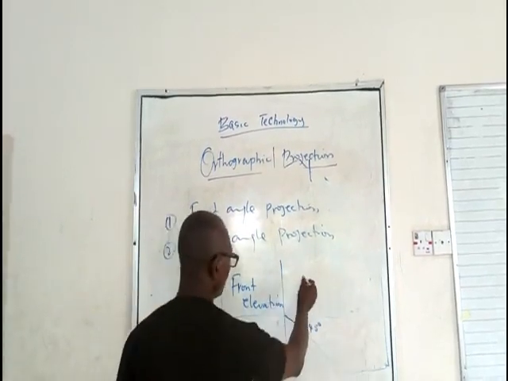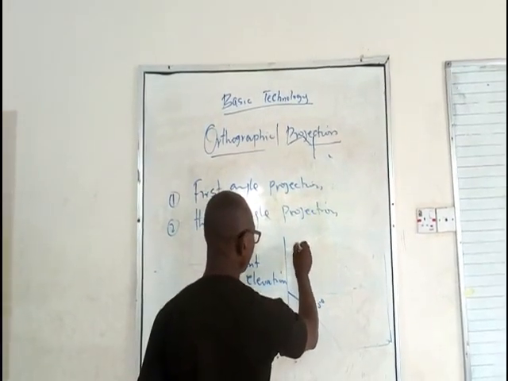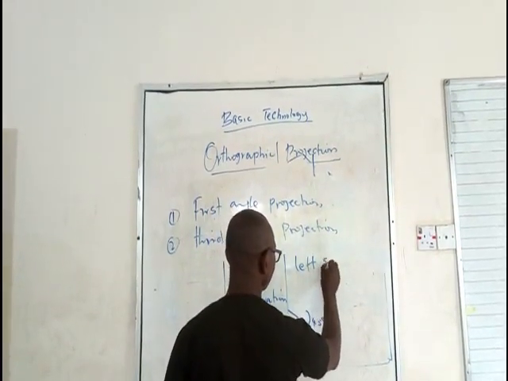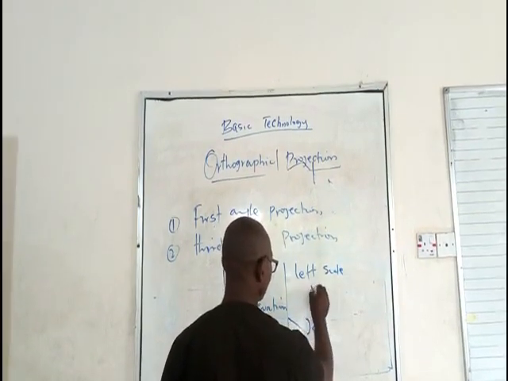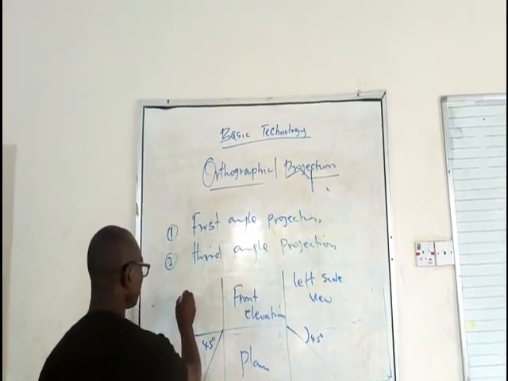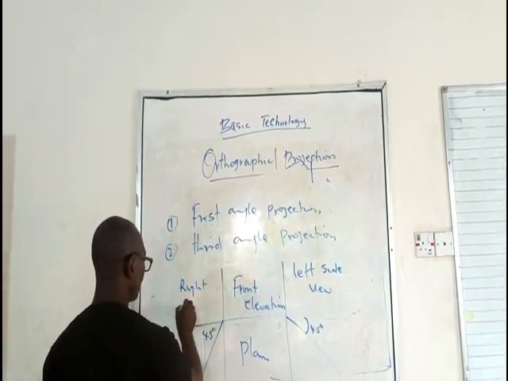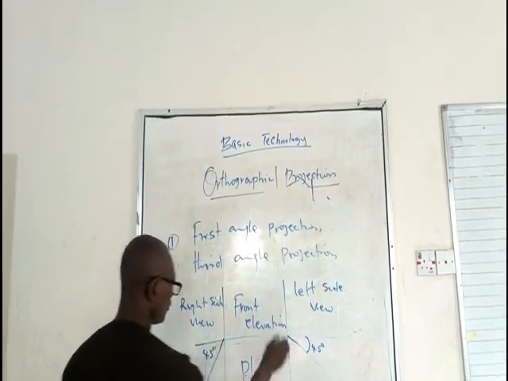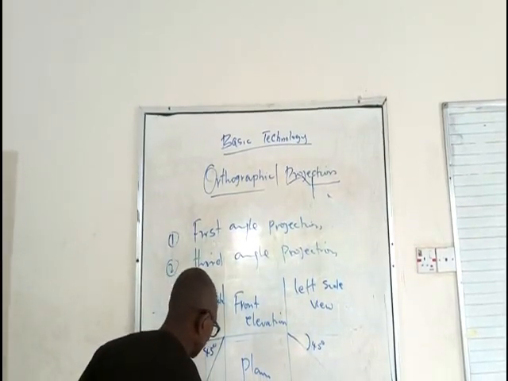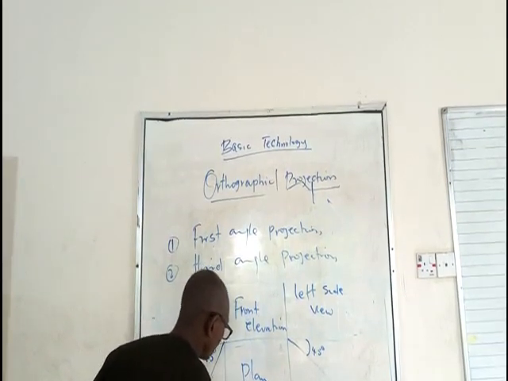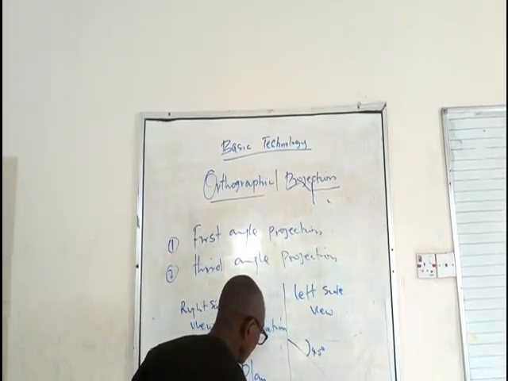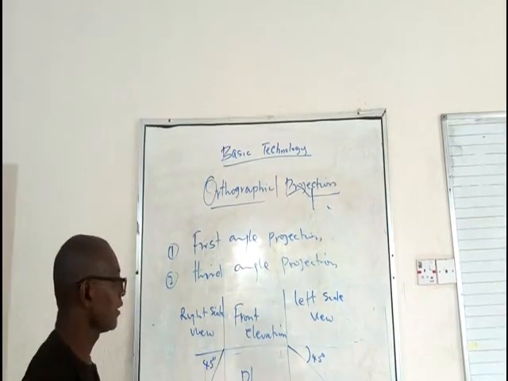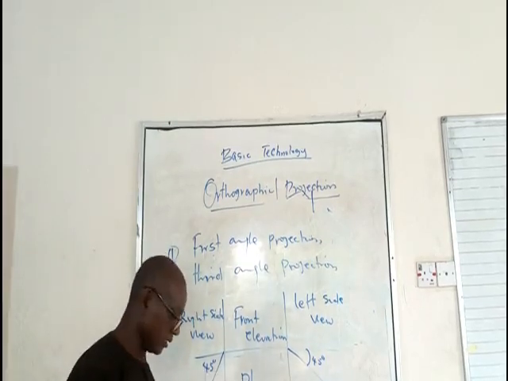Here you have the left side view of the object, while you have the right side view. This is the first angle projection.